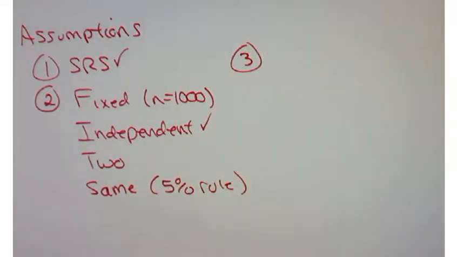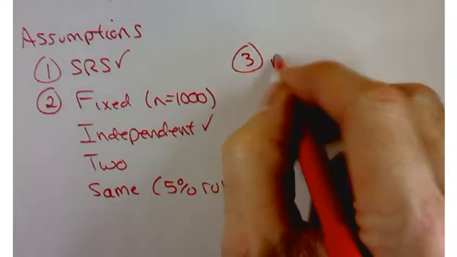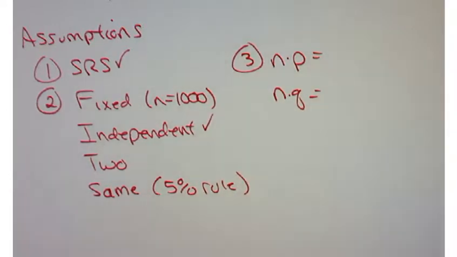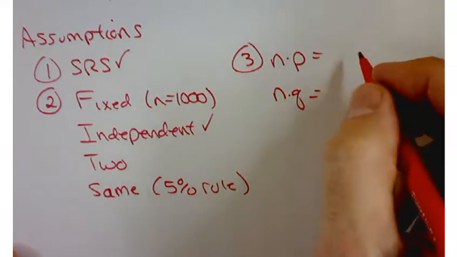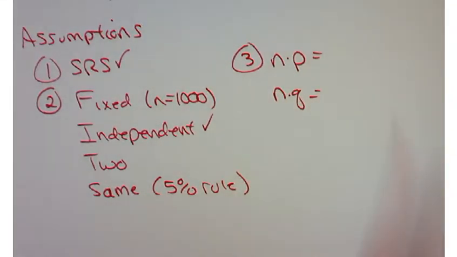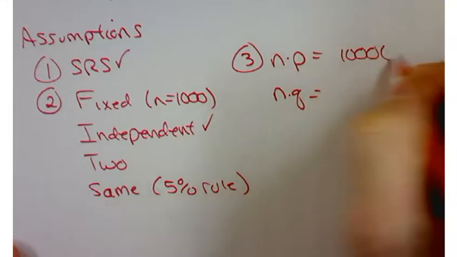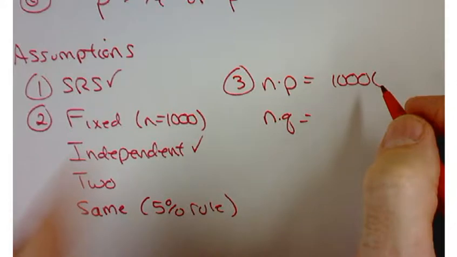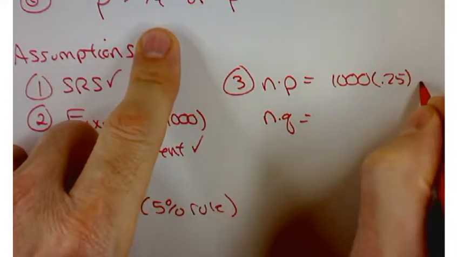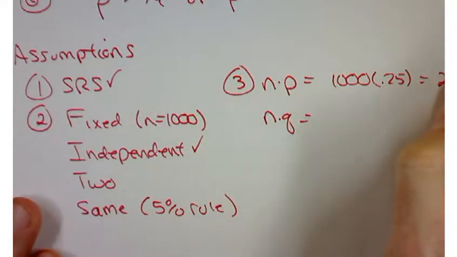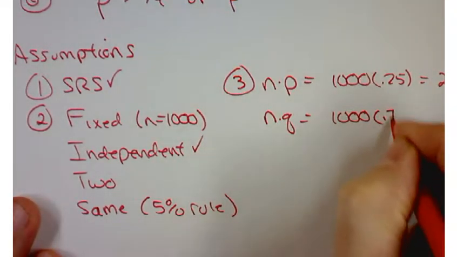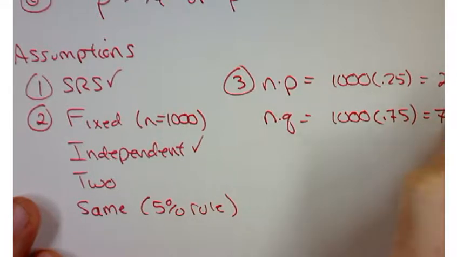So the last thing then is to check n times p and n times q. Want to make sure that they're greater than 5. So that's going to be 1,000 times 0.25, which is going to be 250, and 1,000 times 0.75 is going to be 750.